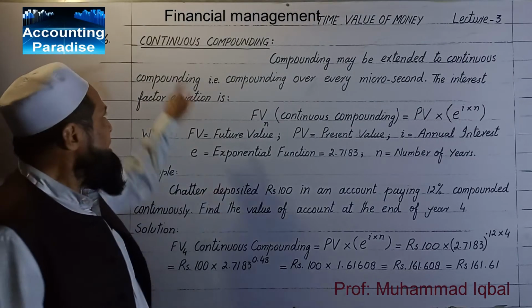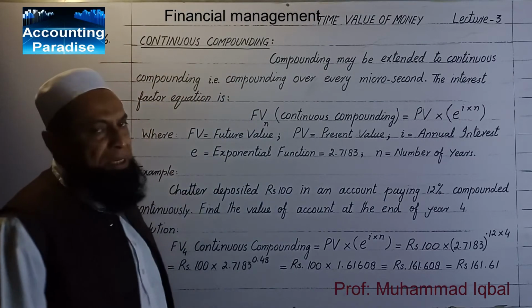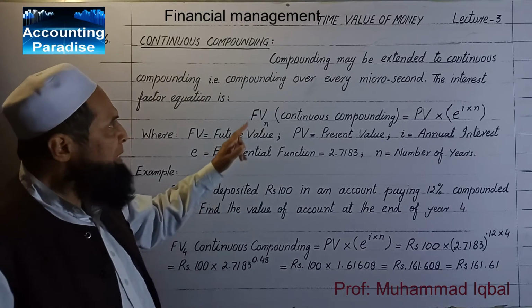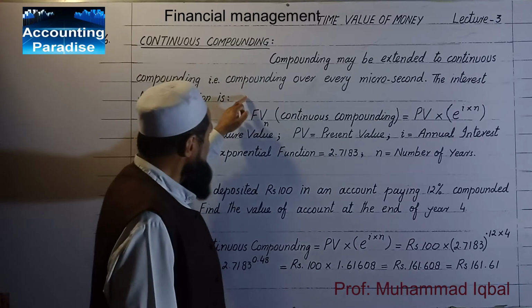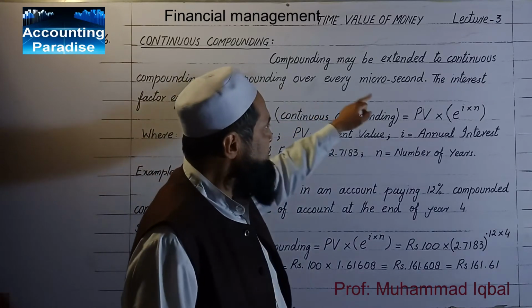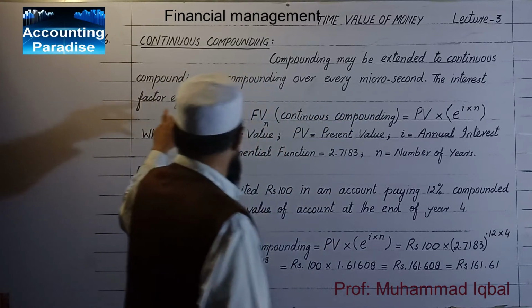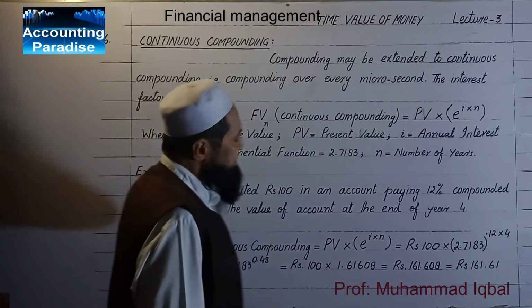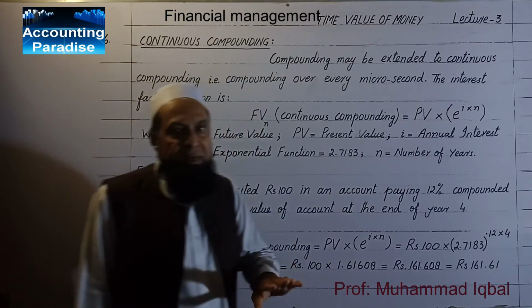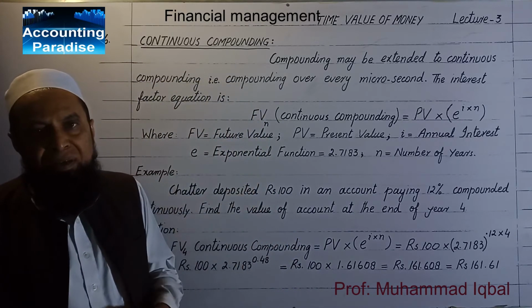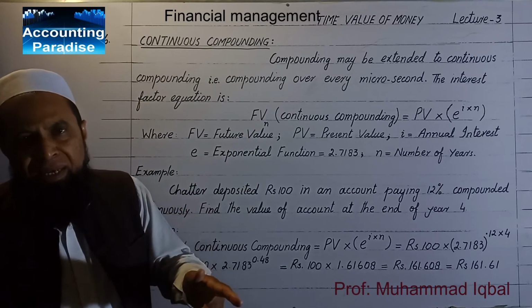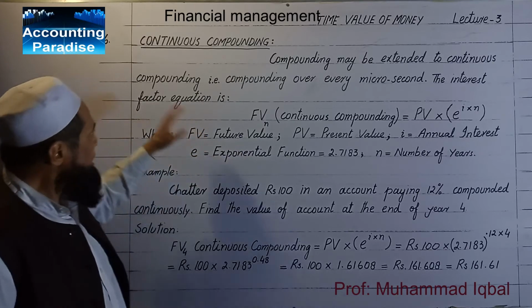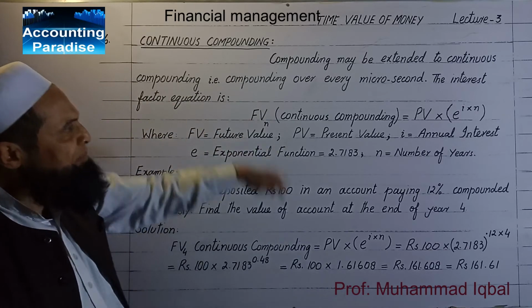Now the topic of continuous compounding. Compounding may be extended to continuous compounding, that is compounding over every microsecond. You see that first of all we compounded it semi-annually, quarterly, then monthly, and now continuous over every microsecond.